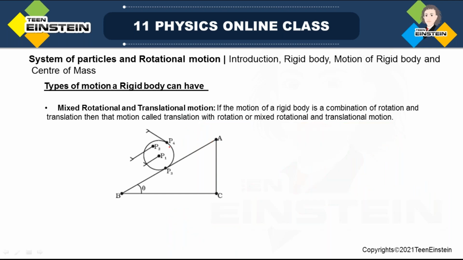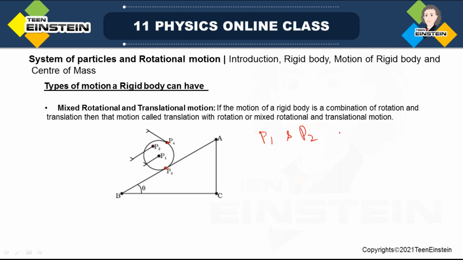And during a rolling motion, if we look at this particular case, at any instant of time, if I consider point P4, which is the periphery of the cylinder, and another point at the bottom of the cylinder, which is in contact with the inclined plane, P3, and P1, P2 within the cylinder. Now look, are they all moving together?